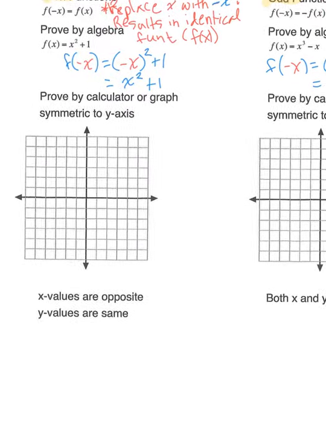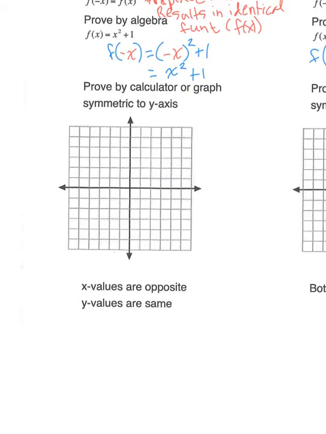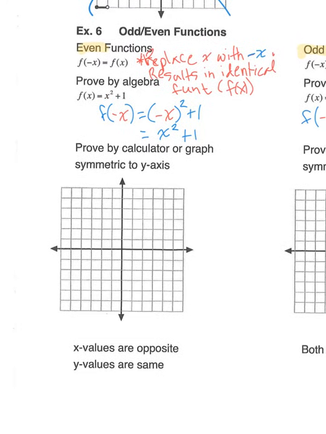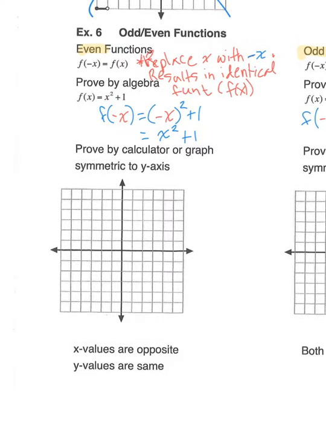All right, now, symmetry. Let's look at the even function. So this is still part of our even functions. If you have an even function, you can prove that it is an even function by using your calculator and looking to see, is it symmetrical to the x-axis?